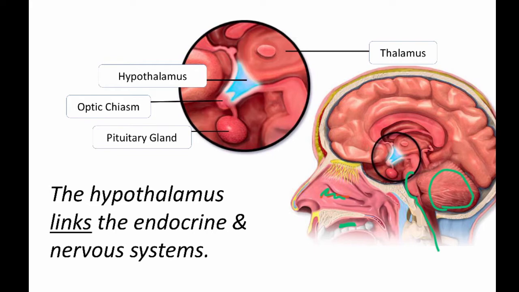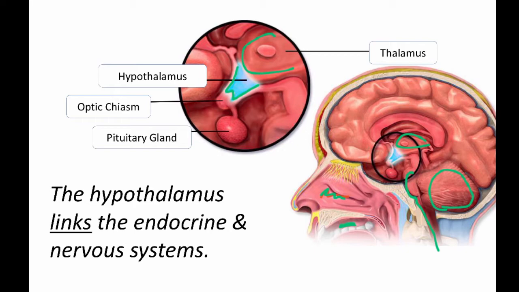The thalamus is labeled, right? And then the hypothalamus is shown in blue. And the easiest way to recognize the hypothalamus is that it has sort of a sideways W shape to it when you're looking at it in sagittal section.